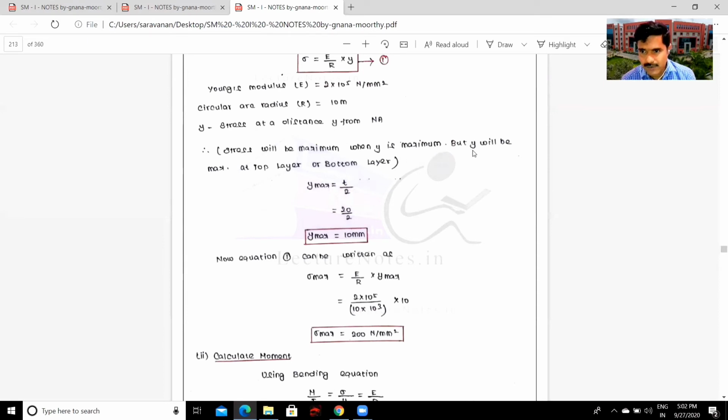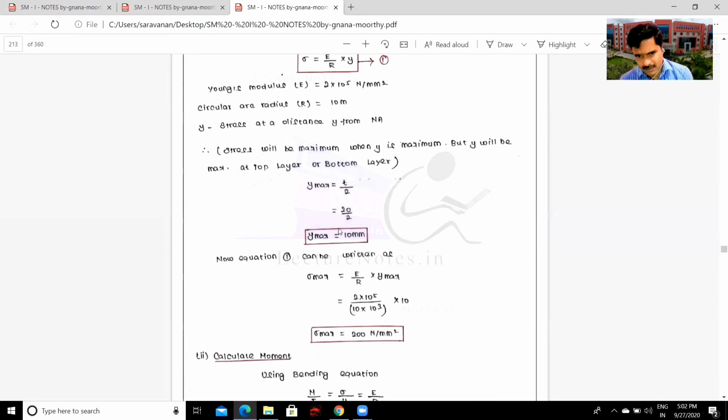At the neutral axis y value is 0, there the bending stress will be 0. So where the y value is maximum, there the bending stress will be maximum. Therefore, y will be at the top layer or bottom layer from the neutral axis, that is t by 2. So thickness t is 20, 20 by 2, therefore y maximum is 10 mm.